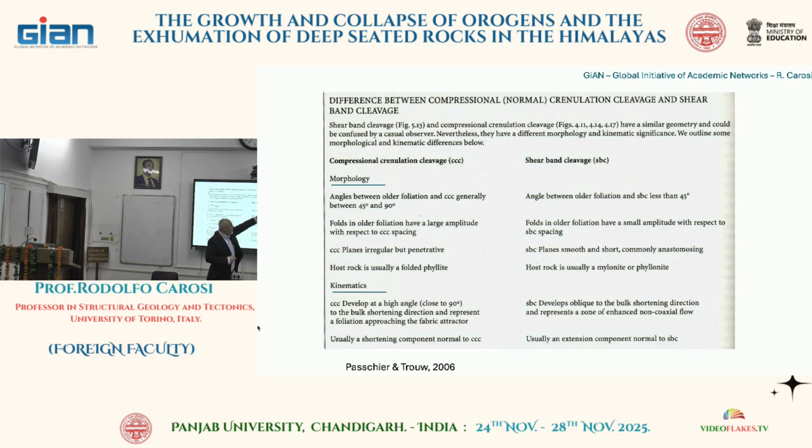And the angle between the older foliation and the shear band cleavage is usually less than 55 degrees in shear zone. And there are also some other things that can help to interpret better the shear zone or not.